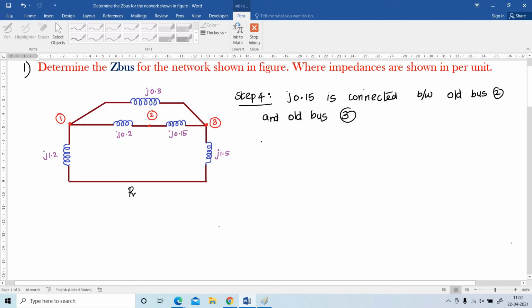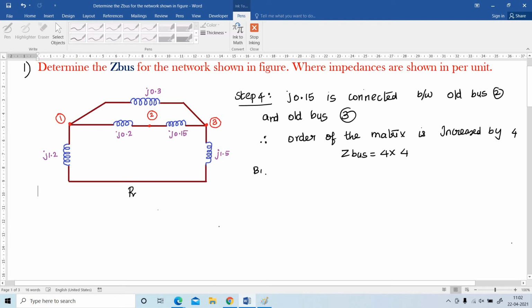Therefore, the order of the matrix is increased by 1. So the new Z bus should be 4 cross 4.